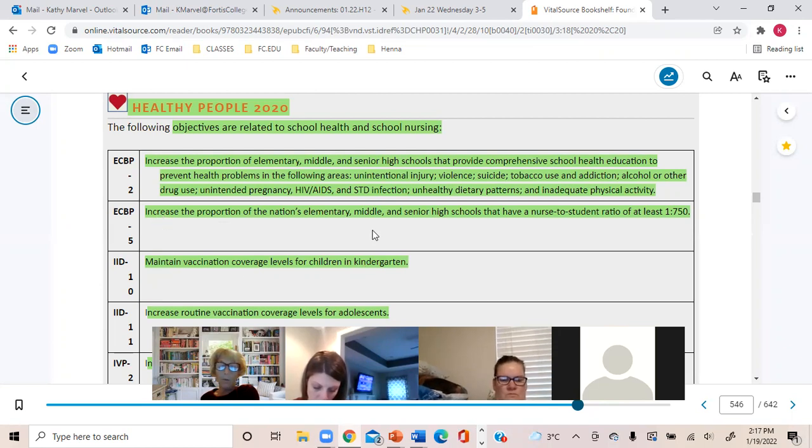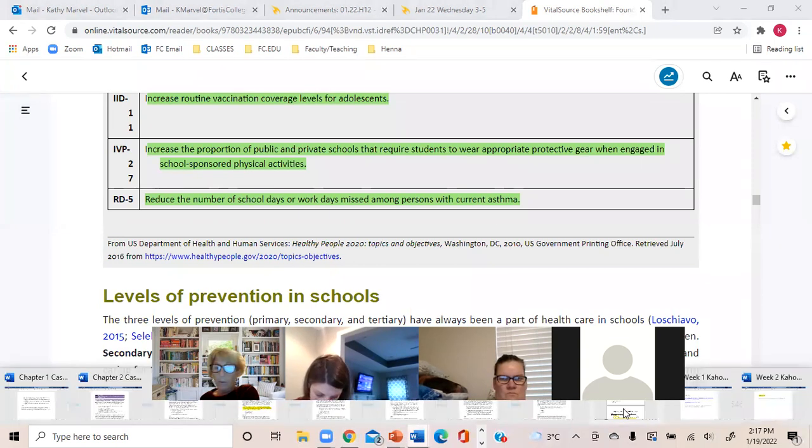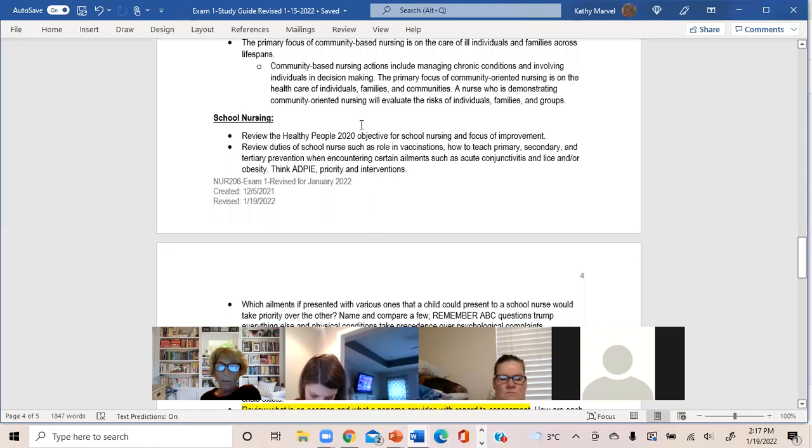Maintain vaccination coverage, increase routine vaccinations, reduce the number of school days missed by kids with asthma. If that's on the study guide and you can't answer that, you'll have to go back into the chapter. So we just went back in and found that Healthy People 2020 box.